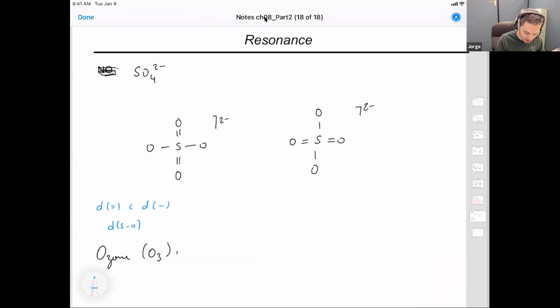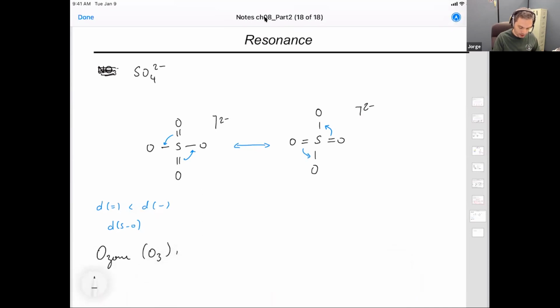And to indicate resonance, we draw a double arrow here. So that means this bond is moving all the time, which makes all the chemical bonds equivalent. And the distance will be an intermediate between a double bond and a single bond.